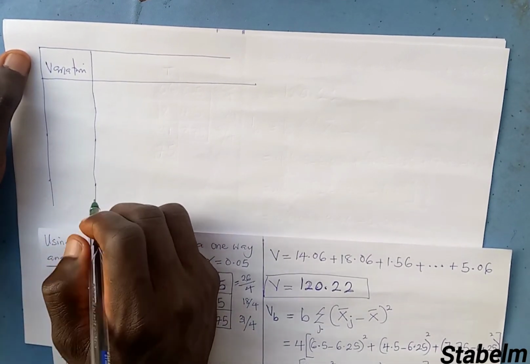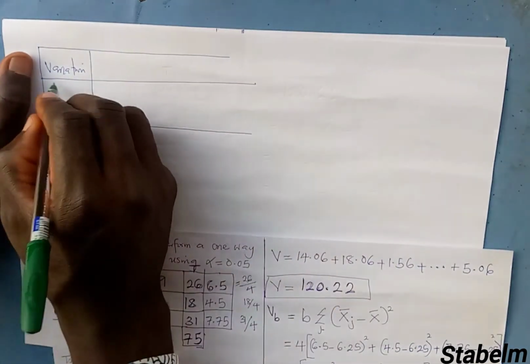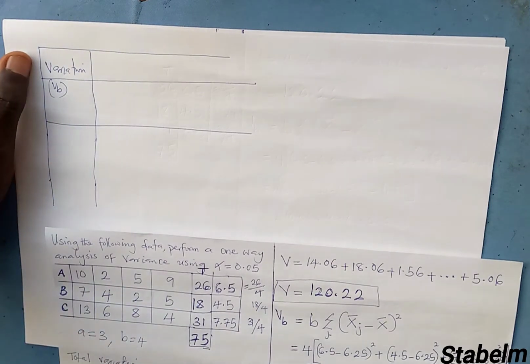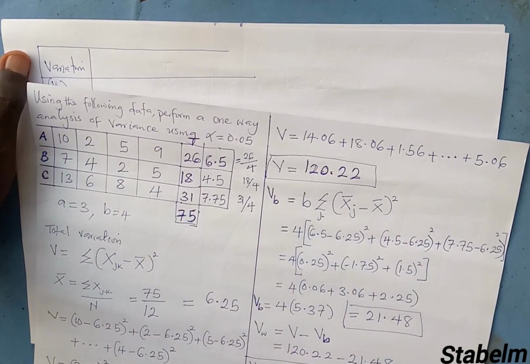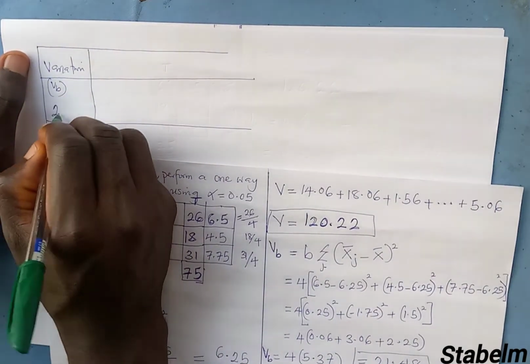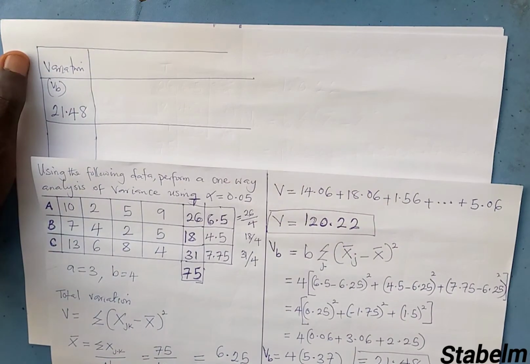Let's make it big so that we can see it well. Variation between: the value for variation between, right from here, is 21.48.